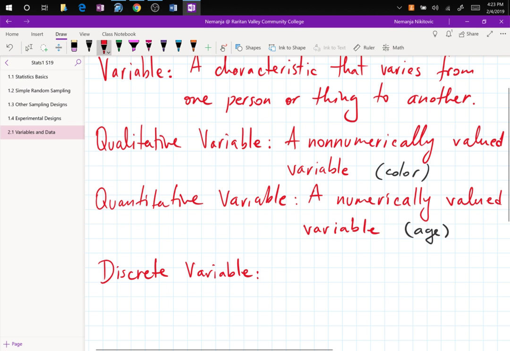In particular, a quantitative variable with only a finite number of possible values. It can be counted. That's the gist of the whole thing. It can be counted as separate units. You don't get to go to a store and buy half of an egg.